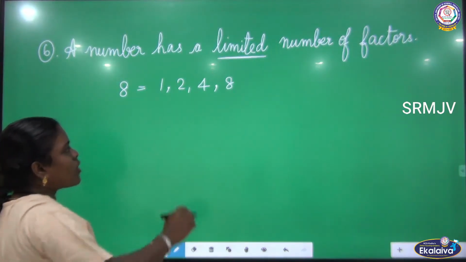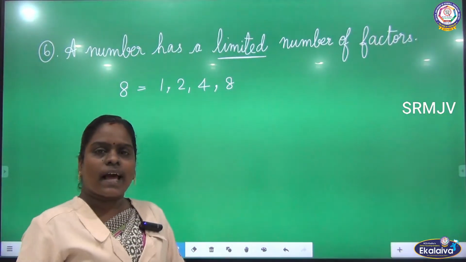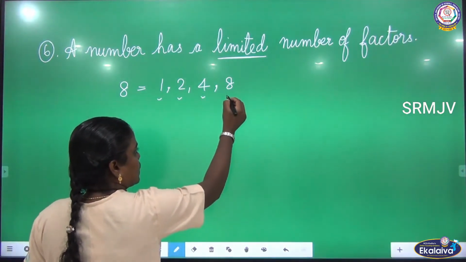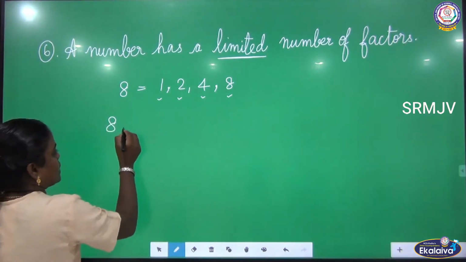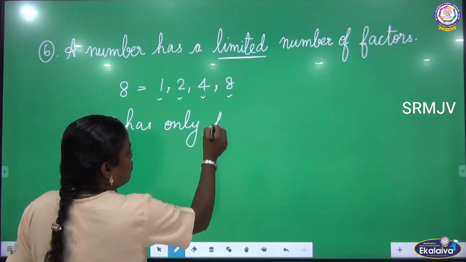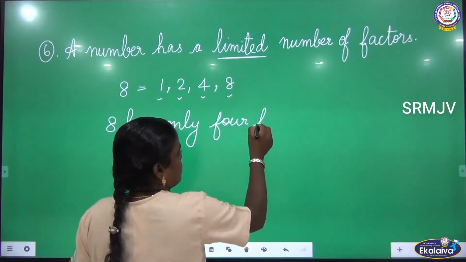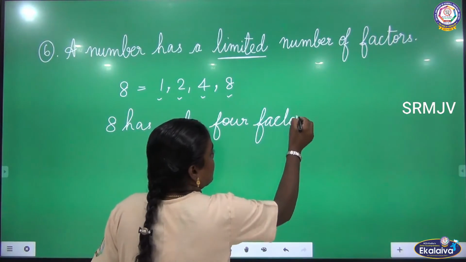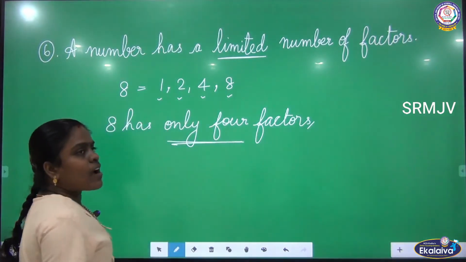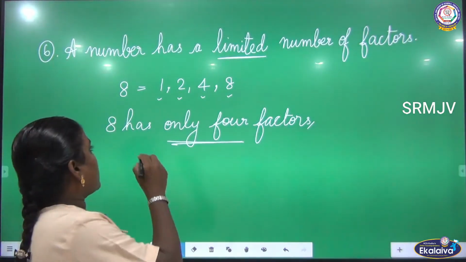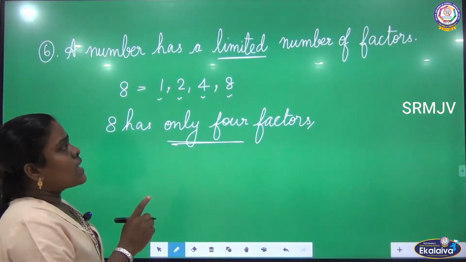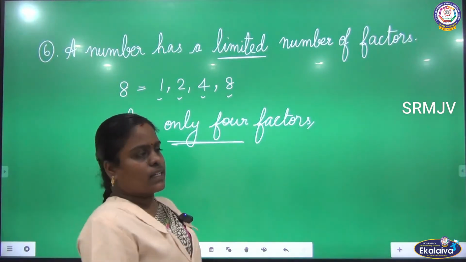So here, can you count how many factors the number 8 has? 1, 2, 3 and 4. So 8 has only 4 factors. We cannot find more than that. So a number has a limited number of factors.